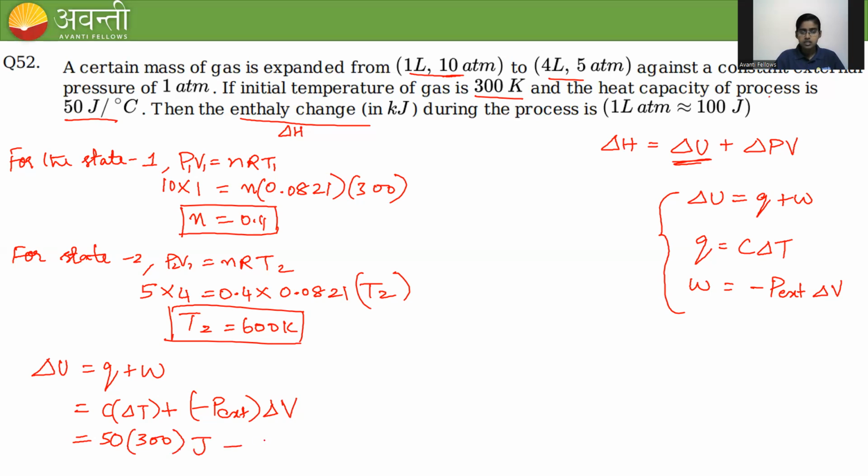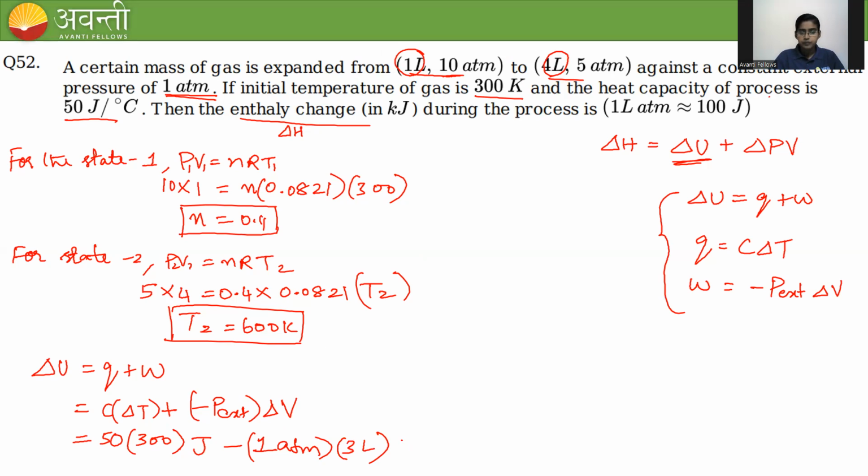External pressure is given as 1 atmospheric pressure in the question, so in place of P external, substitute 1 atm. The change in volume is 4 liter minus 1 liter, so it will be 3 liter. So from this, what will we get?